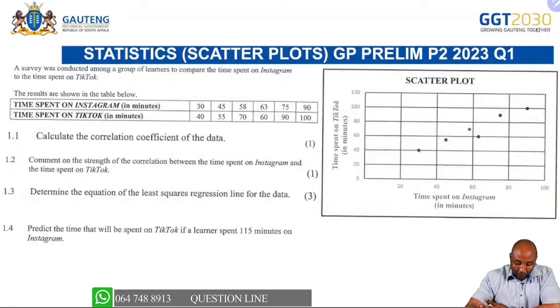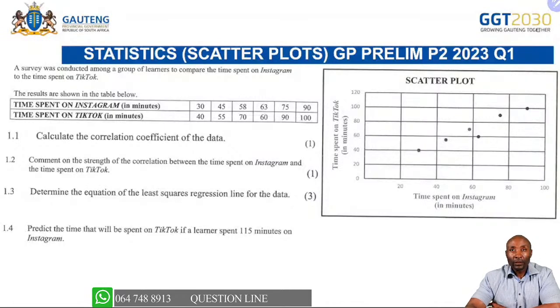Now, we know that time spent on Instagram, we will take it. If you are not sure which one is your X and which one is your Y, you look at the scatter plot because it's given for you there, so that you do not interchange the entry of our data items on our calculators.